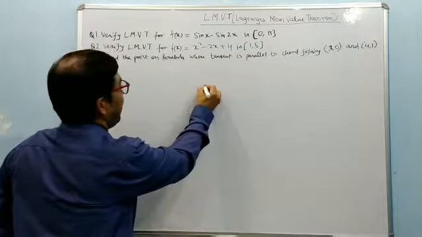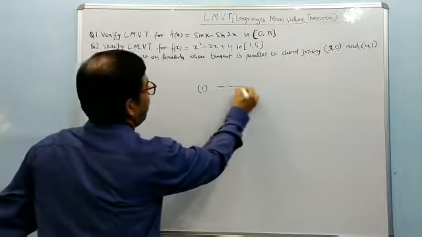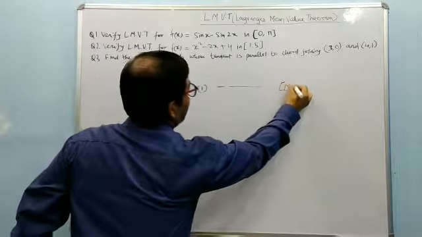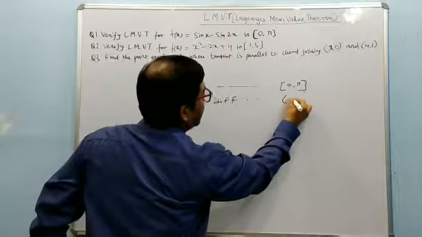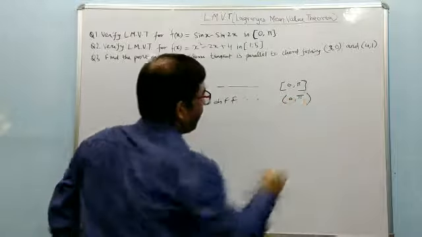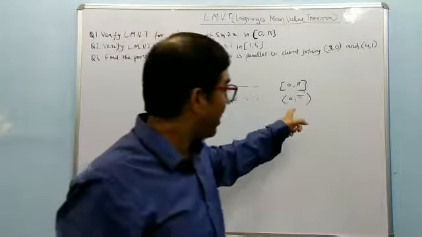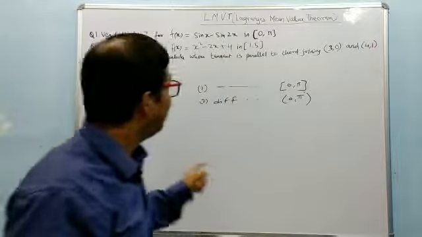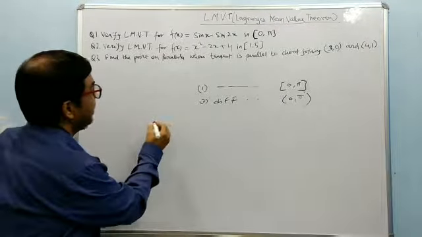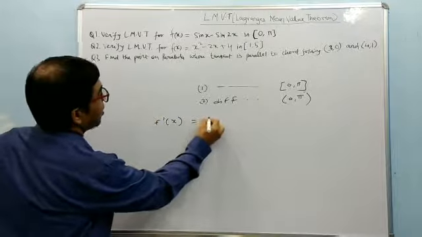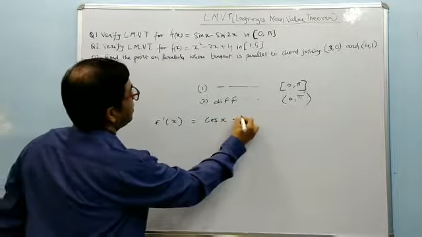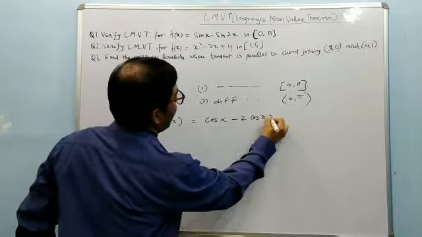It is continuous in [0, pi]. It is differentiable in (0, pi). See here, closed interval and here open interval. Then f dash x is coming out to be, you see here, cos x minus 2 cos 2x.